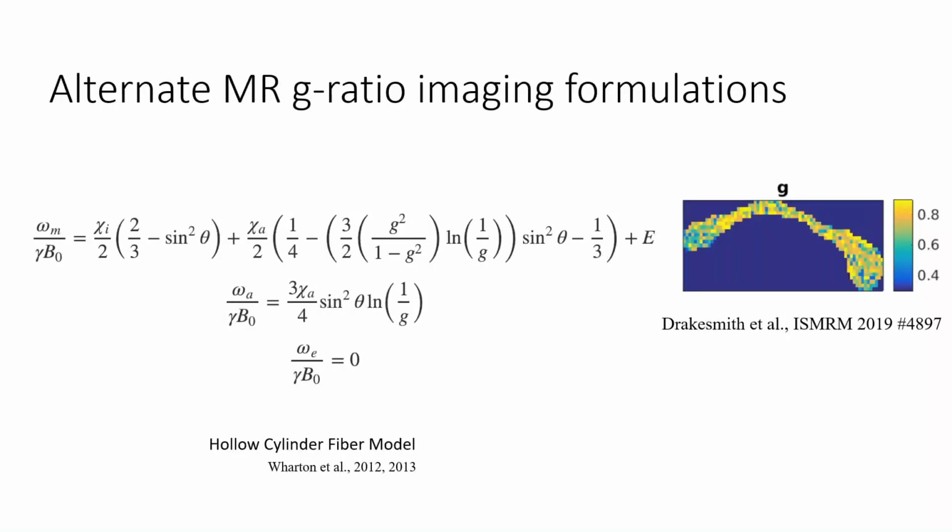There is a model called the hollow cylinder fiber model that expresses the myelin-induced frequency offsets of the myelin, extraaxonal and intraaxonal spaces directly as a function of the G ratio. And so we can compute the G ratio directly from the complex GRE signal, as has been done by Mark Drake-Smith here.